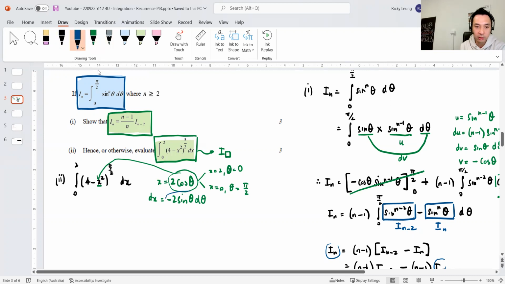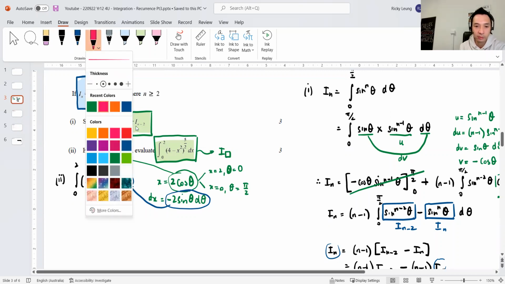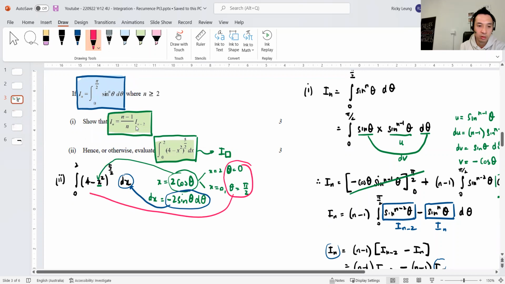We're going to sub this into dx, and we're going to sub the limits into here and here, to get the limits of pi on 2 and 0. Now 4 minus 4 cos squared, which we know is 4 times sine squared, to the power 5 on 2, multiplied by minus 2 sine theta d theta.